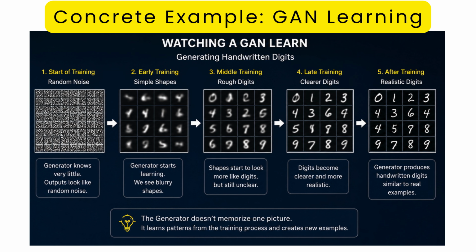Instead, the generator learns patterns from the training process. It gradually learns how to produce outputs that look similar to the examples it is trained against. Okay, so that's the power of the GAN idea, to learn with a process.